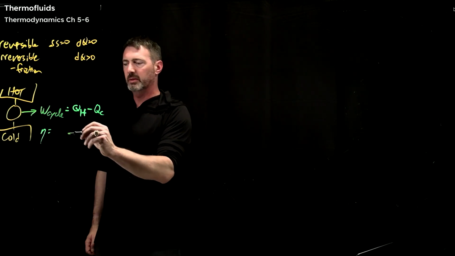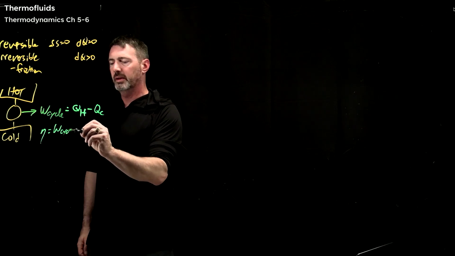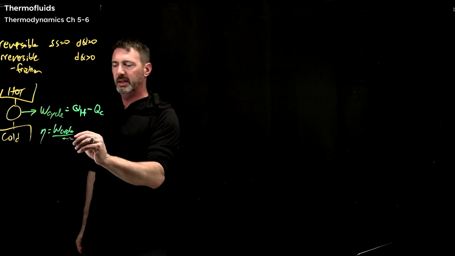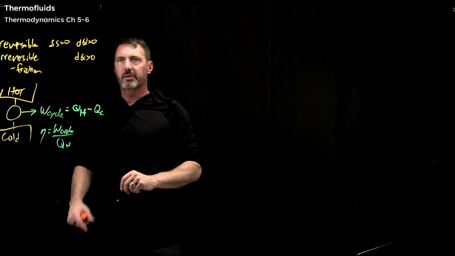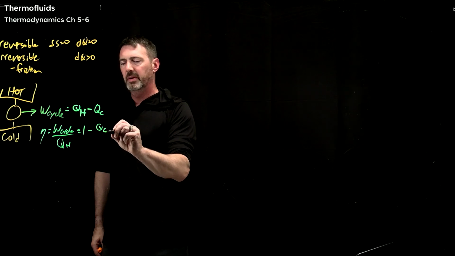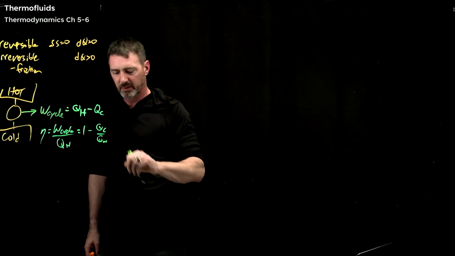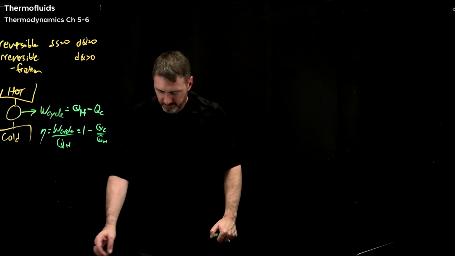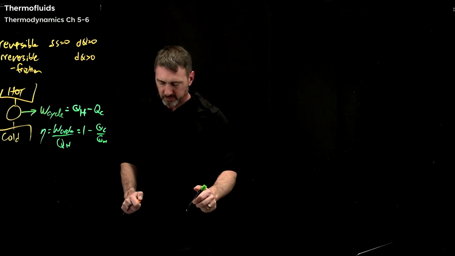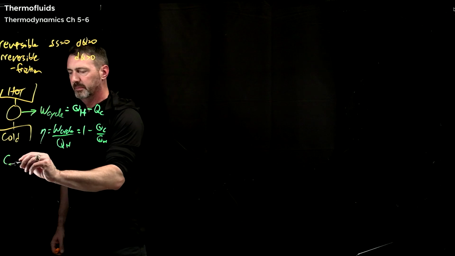If this is an engine, I'm trying to get cycle work out of it, and the thing I'm spending is the heat coming in. If you write that as a formula, this is basically the ratio of heats. Okay, and so the simplest cycle is called a Carnot cycle.